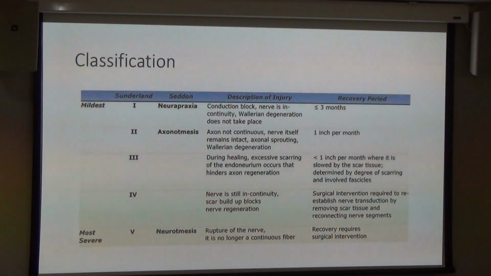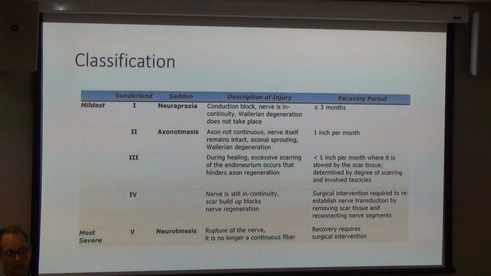The neurology is almost so temporary that you're not even sure if it ever happened. Whereas in the non-degenerative neuropraxia, where there has been a conduction block but everything is still intact, they will recover very quickly, days to weeks. You then move on to axonotmesis, where the axon is damaged, although the epineurium and perineurium are still intact, and that's the stage where you get Wallerian degeneration of everything distal to that injury.